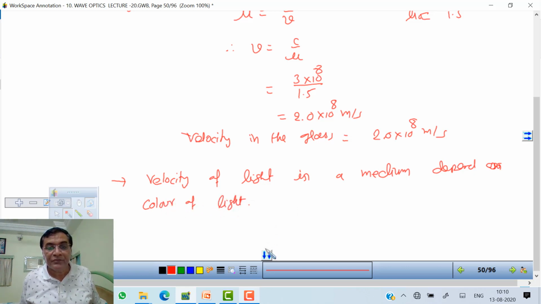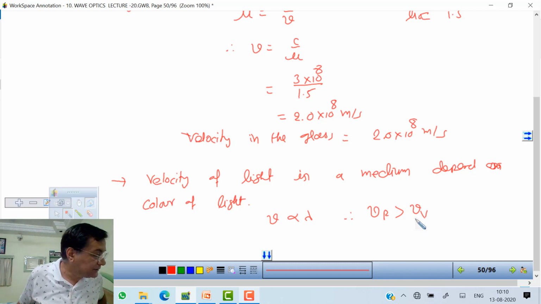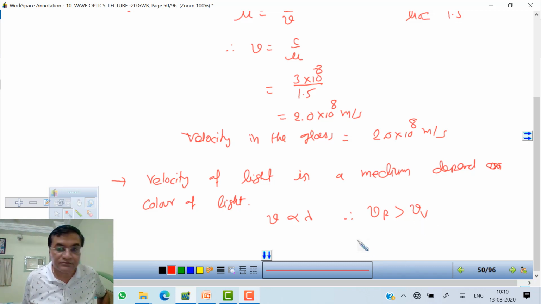Okay, so velocity is proportional to wavelength. Therefore, velocity of red is greater than velocity of violet. That you can say. So this is the thing.